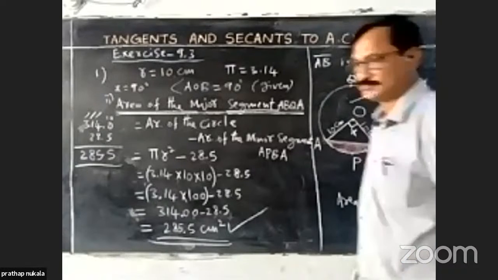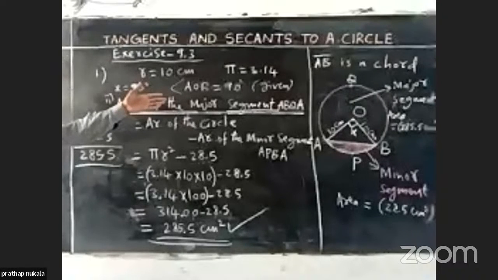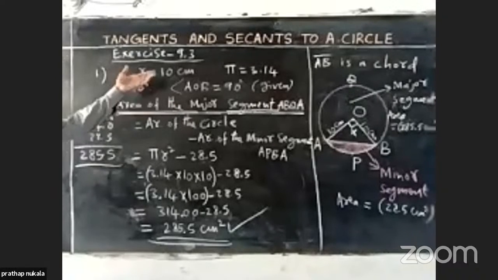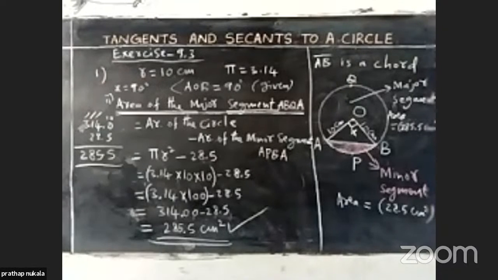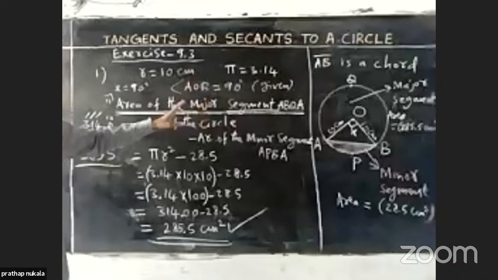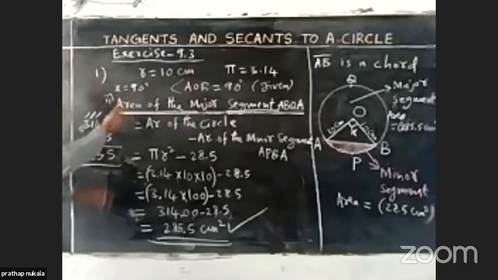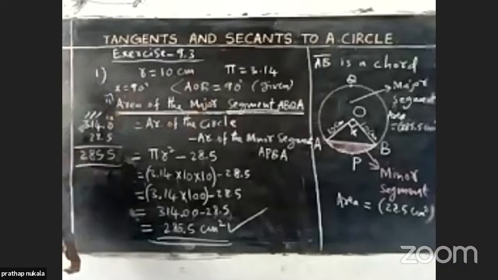That's all. In this way, we have to find the area of minor and major segments of the given circle. This is one method. The first method is if the sector angle is 90 degrees.